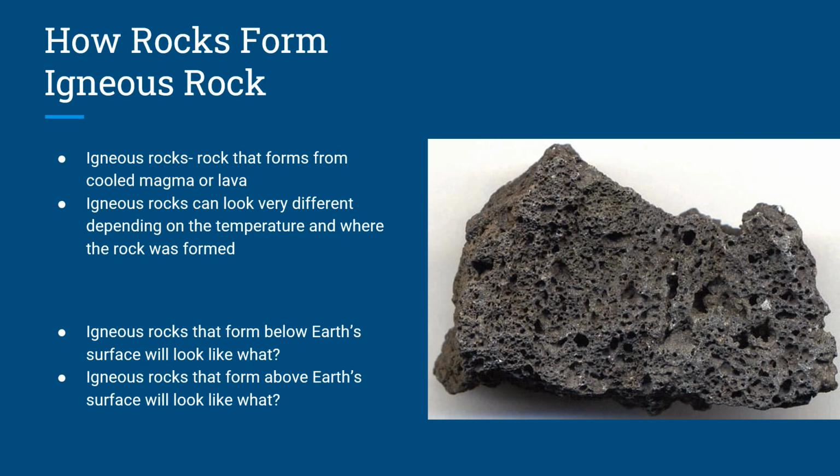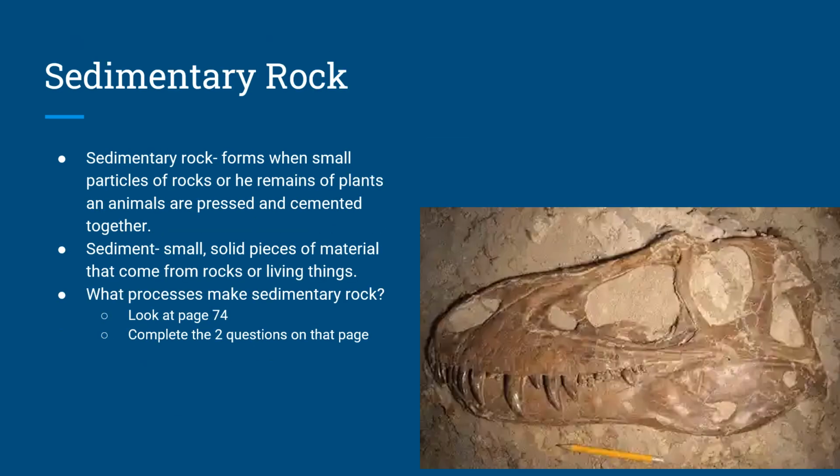So the differences are the grain. One's coarse, one's fine, one's intrusive, meaning that it is in the land, and one's extrusive, meaning that it is out or above the surface. Sedimentary rock forms when small particles of rocks or the remains of plants and animals are pressed and cemented together.